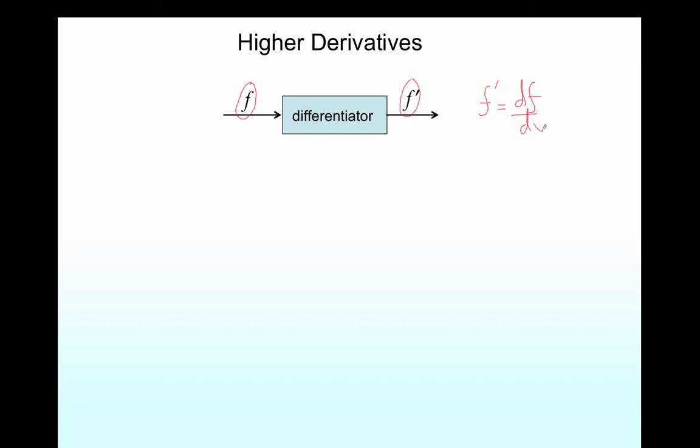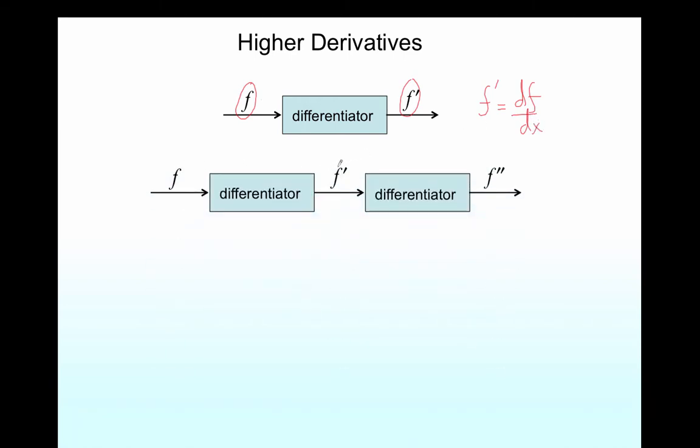We've spoken of taking derivatives as being an operation. What that means is the differentiator really is like a machine. It takes the function f and produces the derivative f prime. F prime is also written as df by dx. What if we take the output of the differentiator, that is f prime, and put it through another differentiator that gives the second derivative, f double prime.